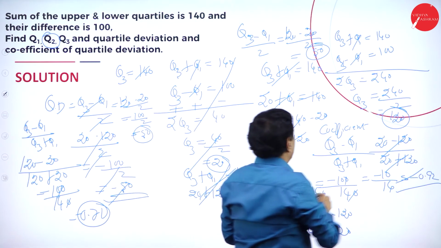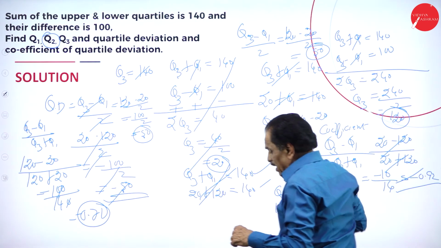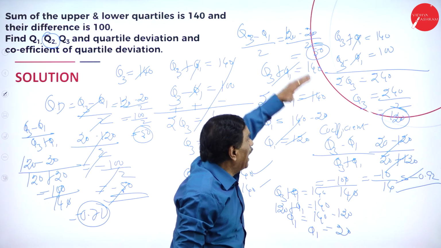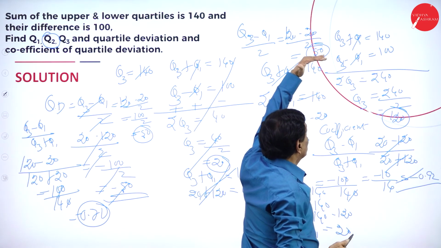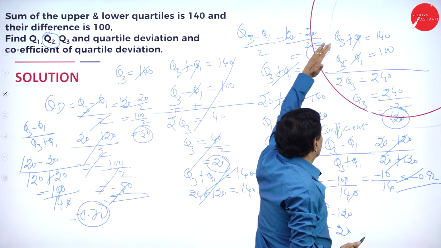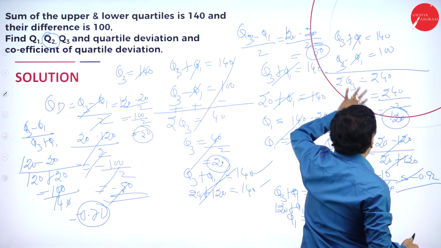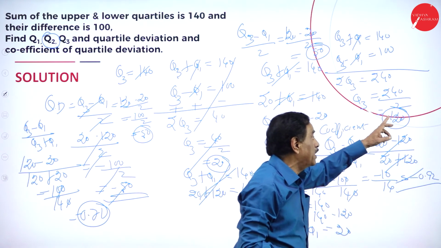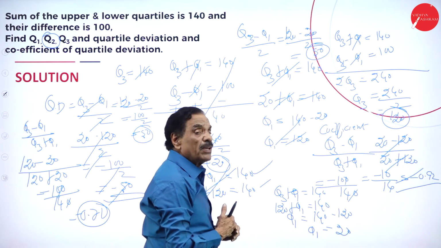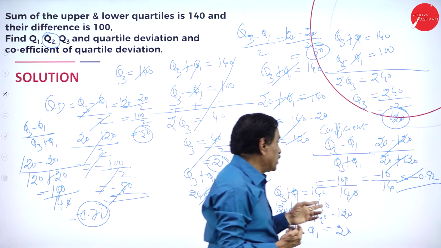So one mistake here, no? Small ideas here according to mathematics. If we add the figure, particular figure, Q3 plus Q1, if we add it's 2 Q3, this will cancel out. 100 plus 140 is 240. Q3 is 240 divided by 2 is 120. What is 120? Q3. Apply this one.